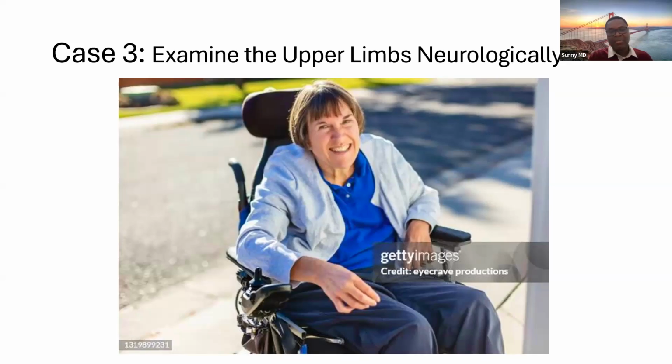She has elbow weakness as well, at least 3 out of 5. What about thumb opposition, finger abduction, finger adduction? The flexors are not that weak in the fingers. There's no flexor weakness in the fingers.